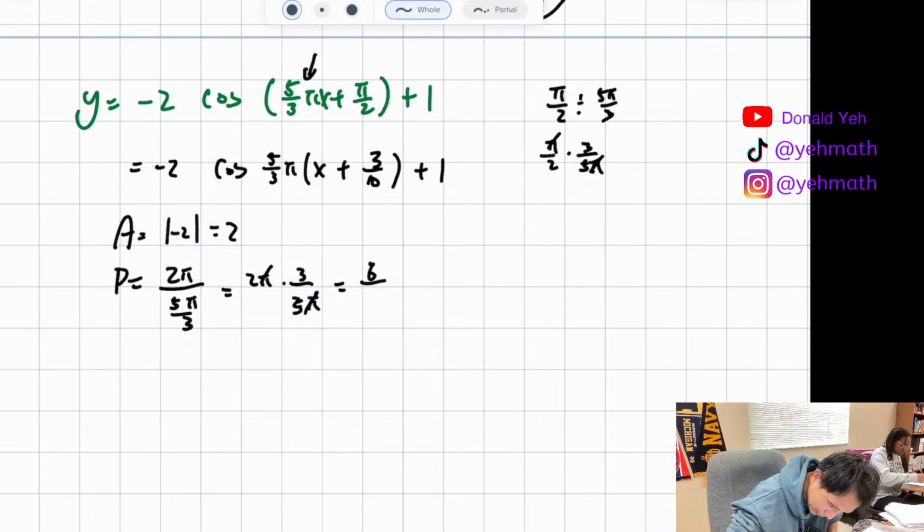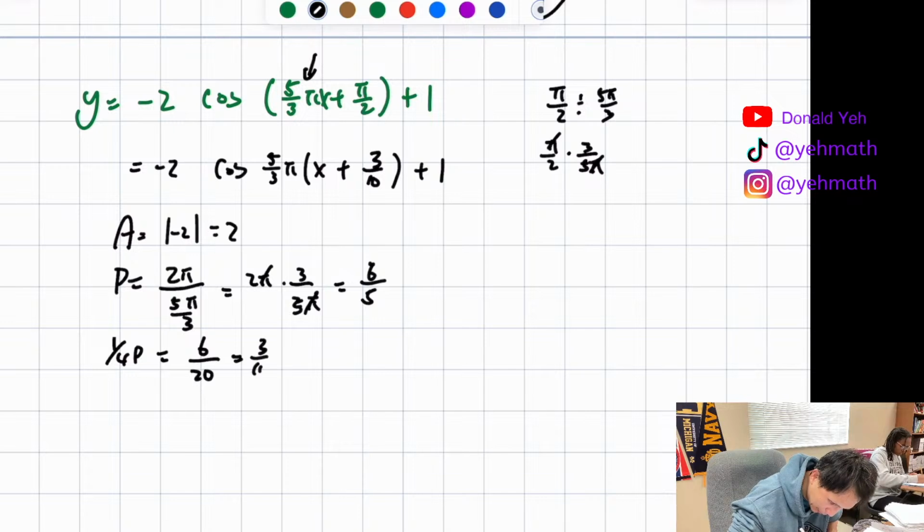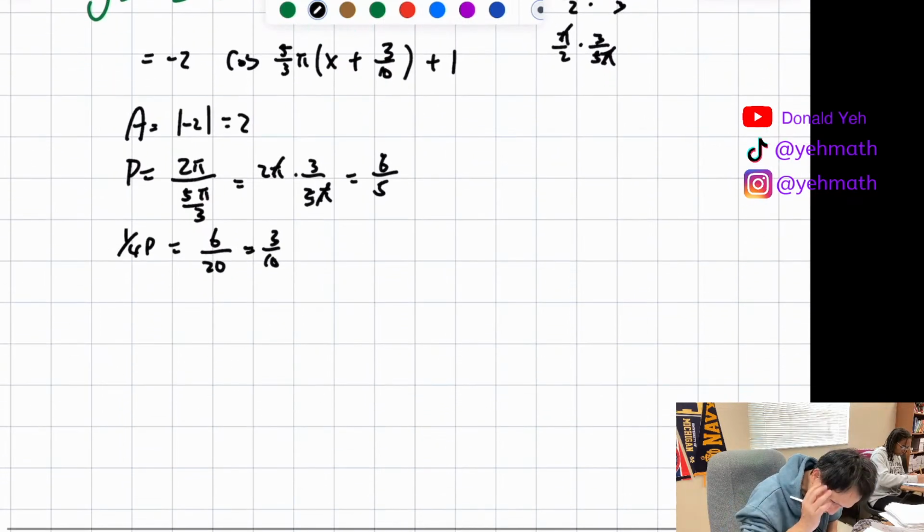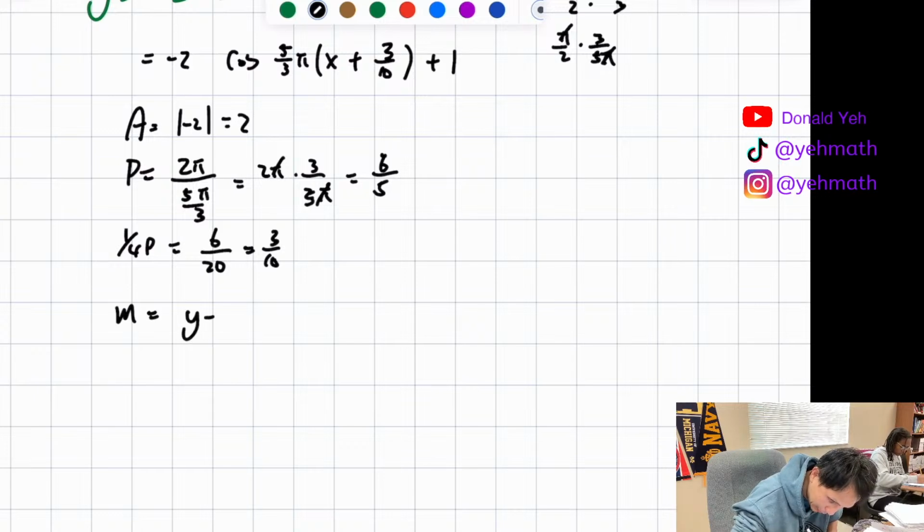Thank you. 6 over 5. Now, the quarter period is going to be what? 5 is 20, so it'd be 3 over 10. Midline is equal to 1. And then what happened next? What's next? Starting, it's going to be left 3 over 10.